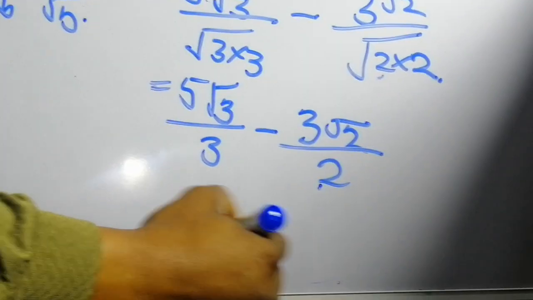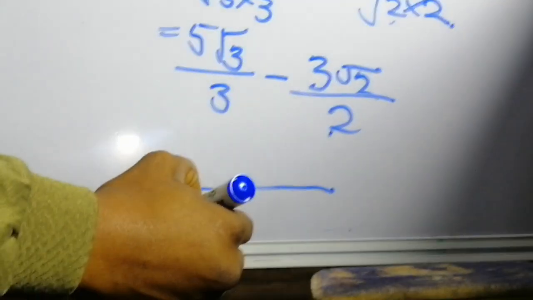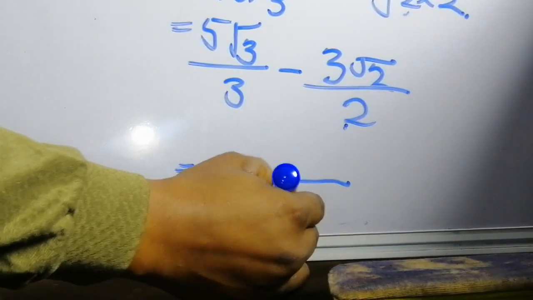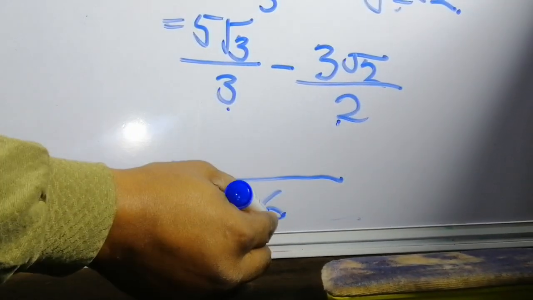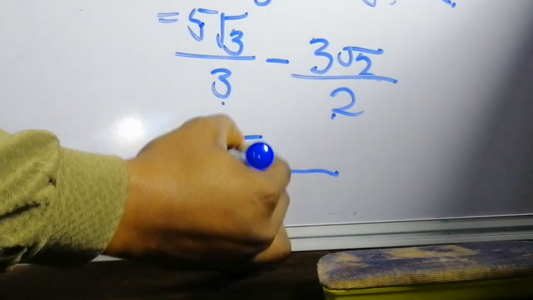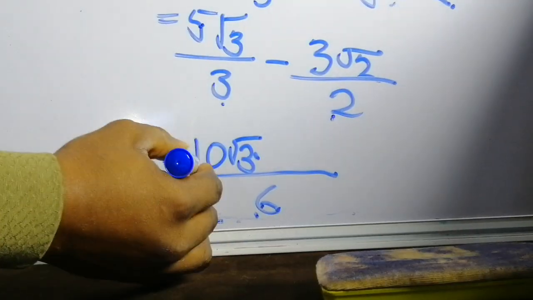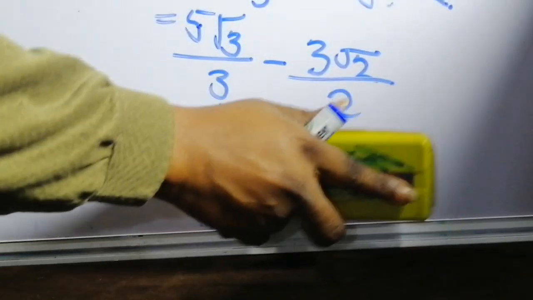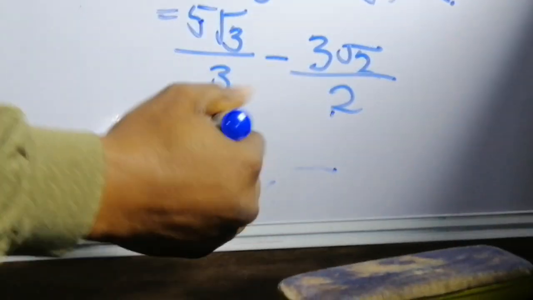I can find the LCM here. The LCM is 6. 3 in 6 is 2, so that will now be 5 root 3 times 2. I don't want to jump that step, so that you can get an understanding of how I arrive at that.